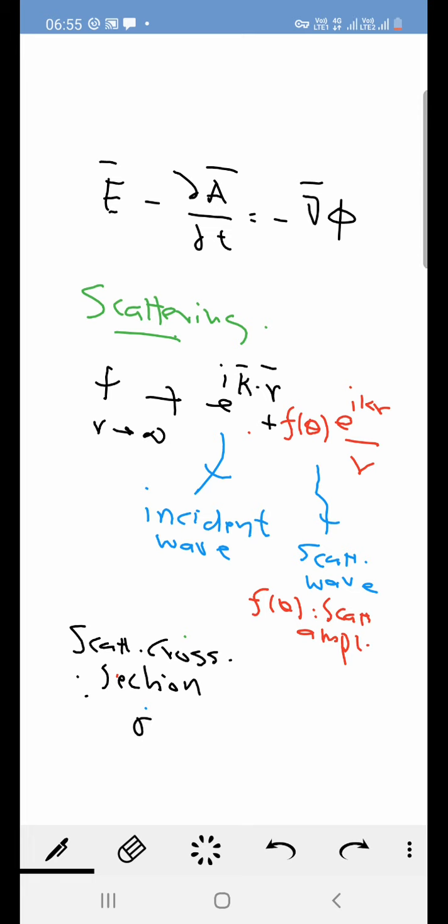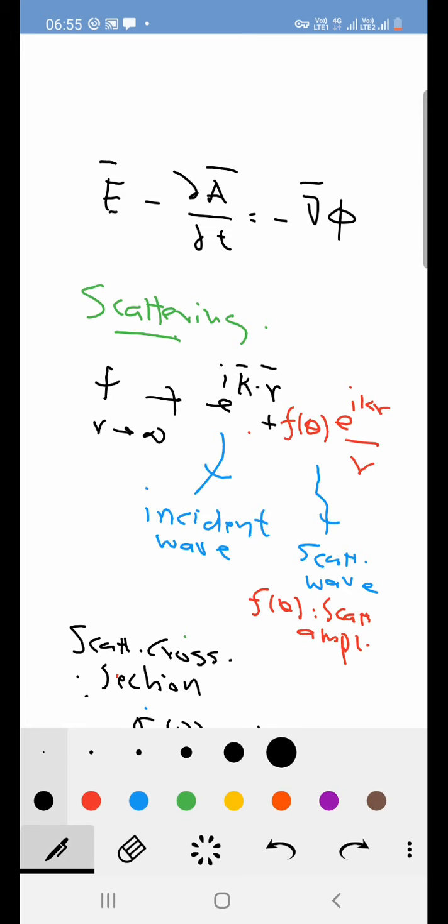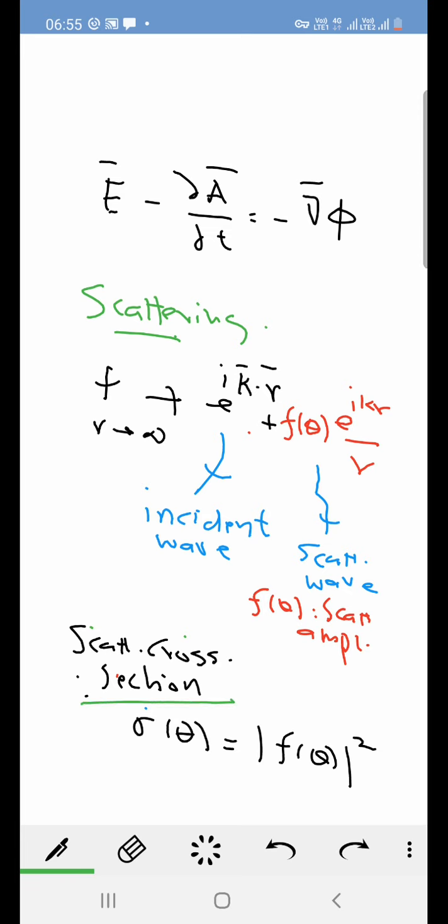Sigma theta is simply the mod of f theta squared, the square of the scattering amplitude, so it is the scattering cross section. So this is to find the total scattering cross section for, say, a spherically symmetric potential.